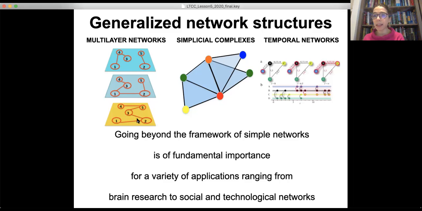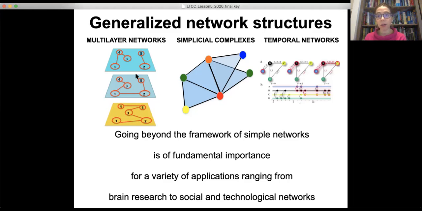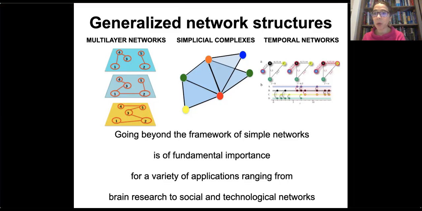These different networks constitute different layers, or you can have different online social networks, Facebook, LinkedIn, WhatsApp, or you can have many different situations in which the complex system that you are describing includes interactions that have really different connotations.